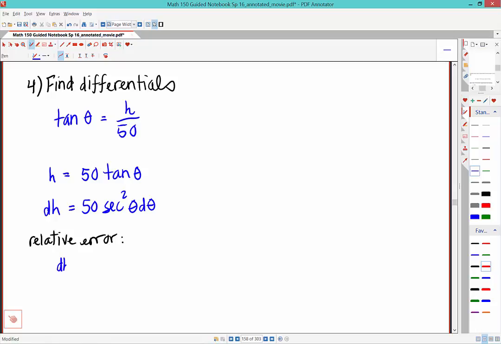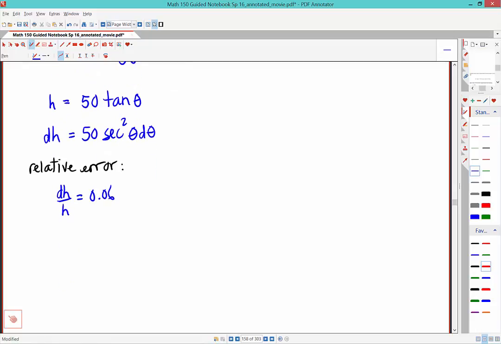Remember that dH over H was equal to 0.06. So we have dH, which was 50 times secant squared theta, d theta, over H, which was 50 times tangent theta. And that's got to equal, remember it's really plus or minus 0.06. We'll do the plus or minus at the end.